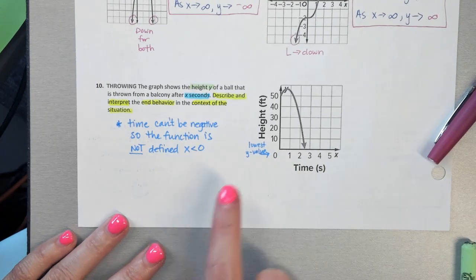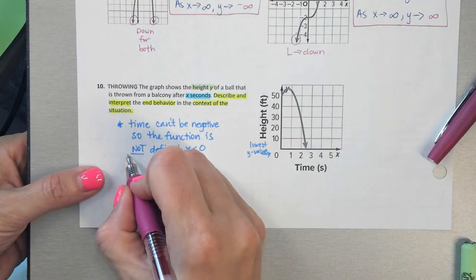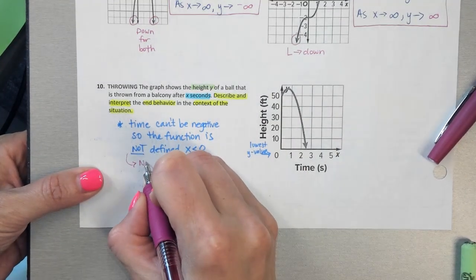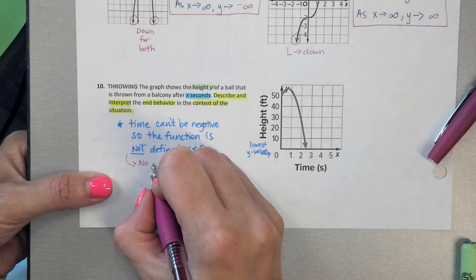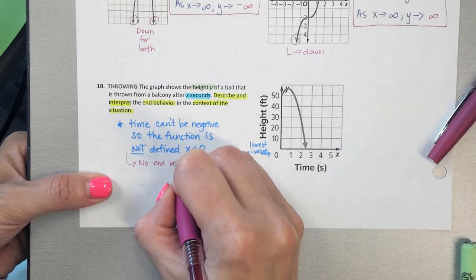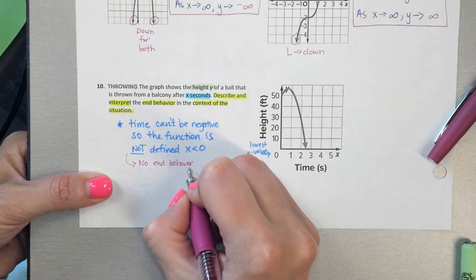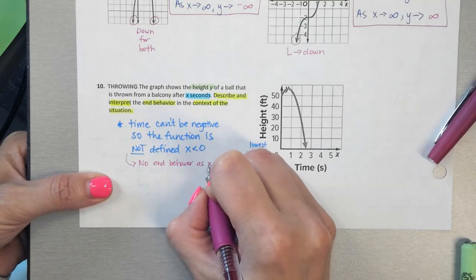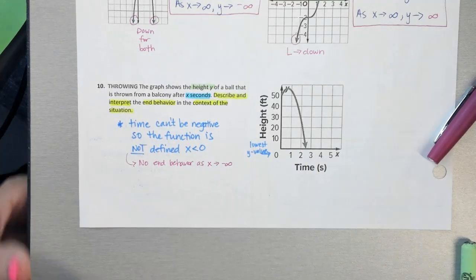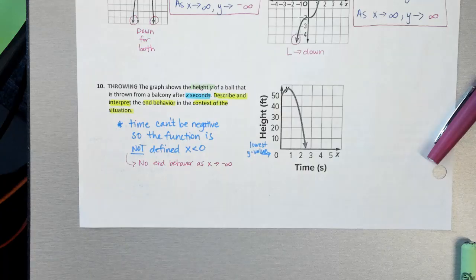Is x going to be going to negative infinity here? No, so you are not going to write that. So there's no end behavior as x approaches negative infinity. You are not even going to write that in your statement, and this is the reason why: you don't have a negative time value.